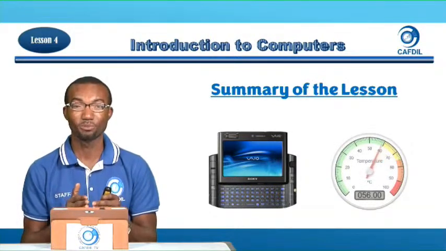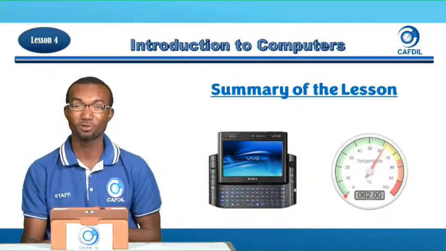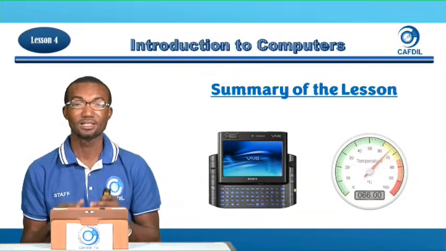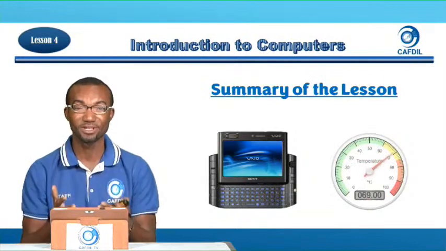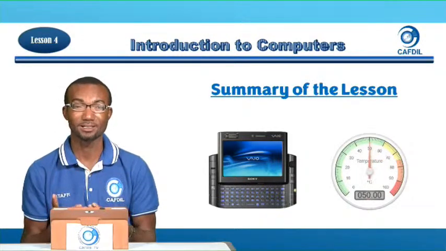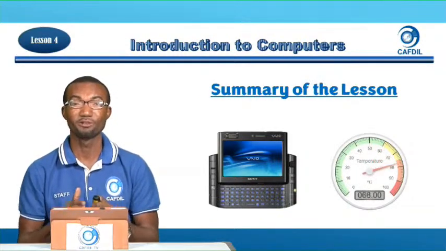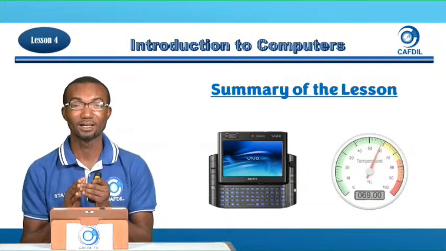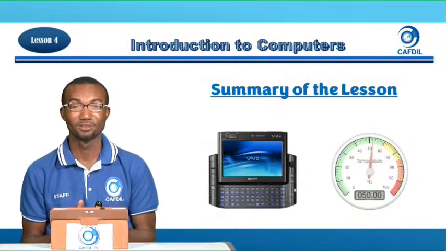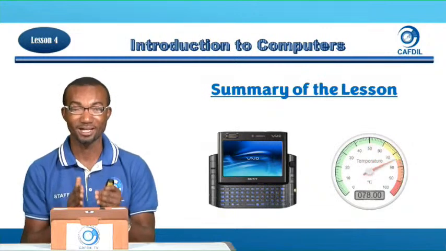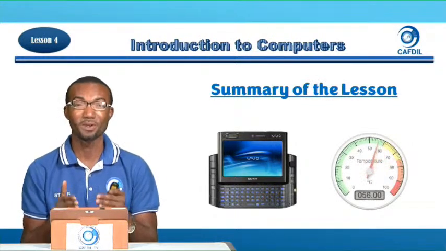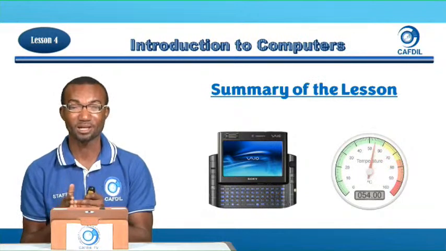So general purpose computers are used to perform many tasks. A special purpose computer can be used to perform a specific task. Apart from that task, it cannot be used to perform any other work. So by purpose, you have general purpose and special purpose.